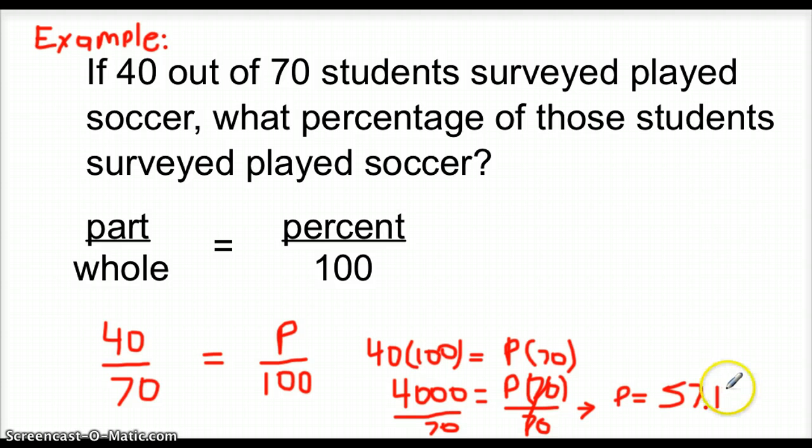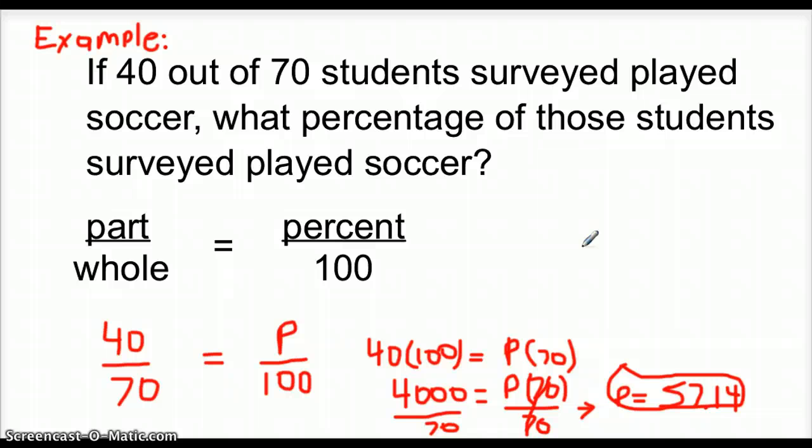That should be fine. So then our answer: it said what percentage of those students surveyed played soccer. Since our answer p was 57.14, that means that our percentage of students that played soccer was 57.14.